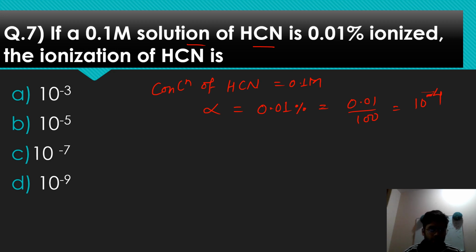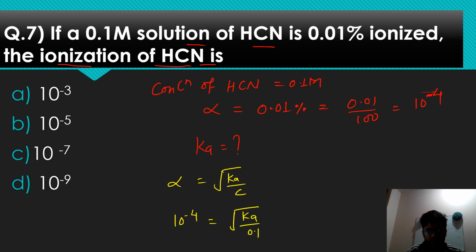Okay. We have to calculate the ionization constant of HCN. Ka equals what for HCN? According to Ostwald's dilution law, alpha equals root under Ka divided by C. We know the value of alpha is 10 to the power minus 4, and C is 0.1 molar.